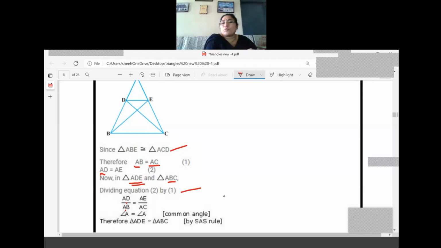Dividing equation 2 by 1 only. Any order you write, AB equal to AC, then AE equal to AD you can write. After that, what is the change we have written here? AD I want to write first, or AE means AC will come there, right? That is the change. Just divide these two equations in the required way. So AD by AB equal to AE by AC only.